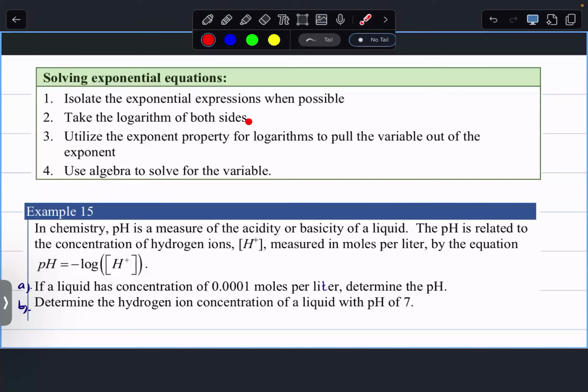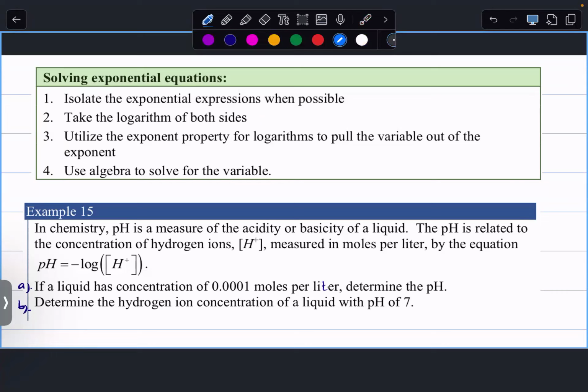Then you take the logarithm of both sides. It can be log base anything really, but my go-to is log base e, or ln. Then you use the exponent property to bring down the exponent.